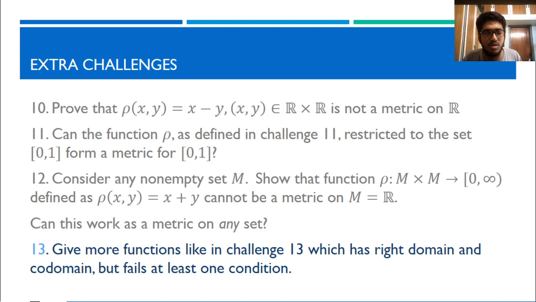Domain and codomain are correct, no issues, but it fails at least one condition. There's a small typo. I meant challenge 11 to 12. So construct a function which will not form a metric, but it has the right domain and codomain. You'll have to first choose a set and then choose a function for that particular set.